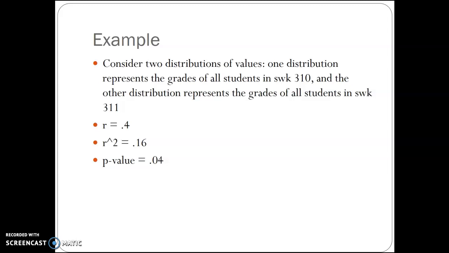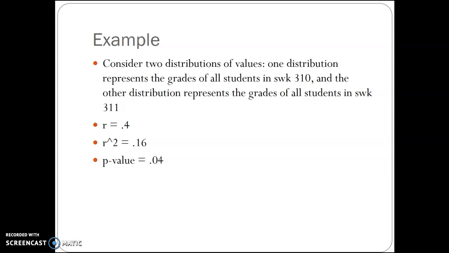R equals 0.4 would indicate to us that there's a positive correlation. If we're assessing the magnitude of that correlation, I would say a correlation between 0 and 0.2 is going to be a weak correlation.